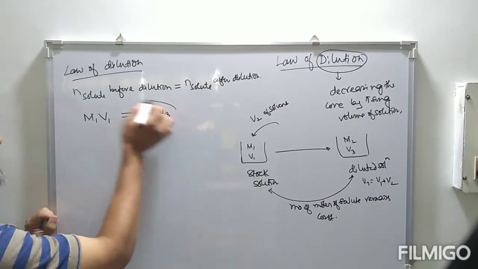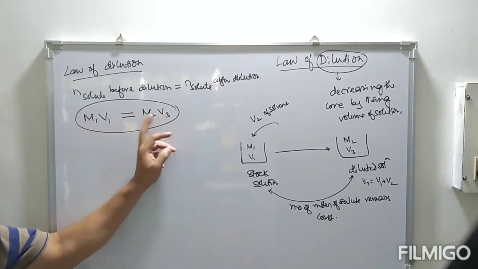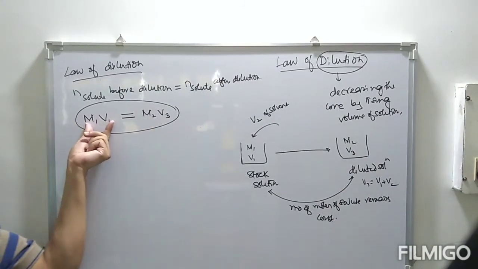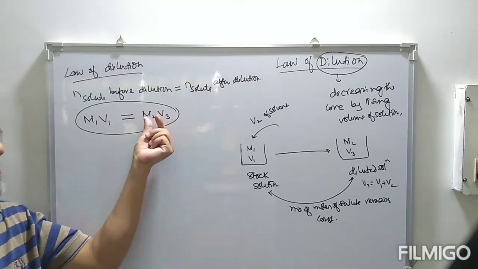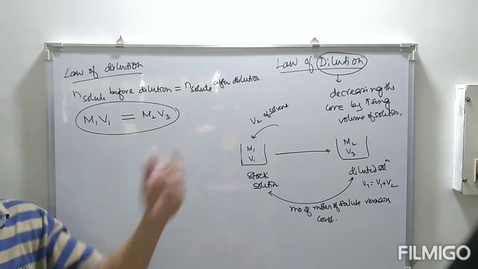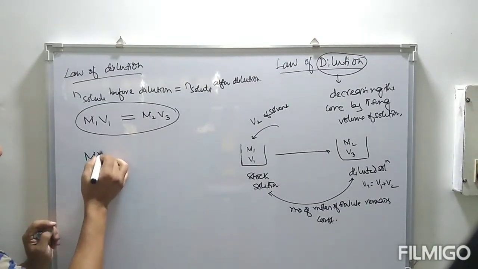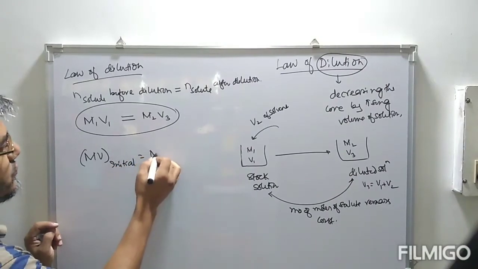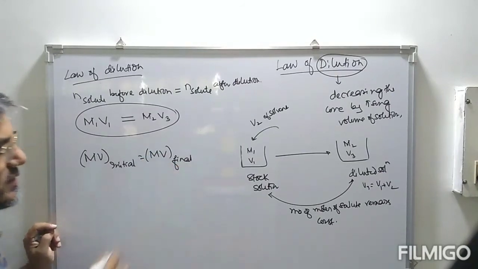So if initial concentration, volume and final volume are given, we can find the final concentration. If initial concentration and volume are given and final concentration is given, then we can find the final volume of the solution. So simply we say M V initial equals M V final.